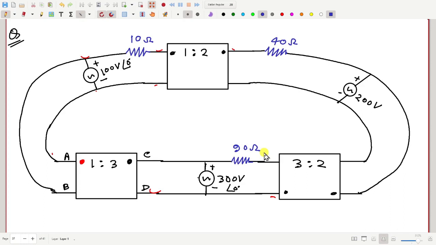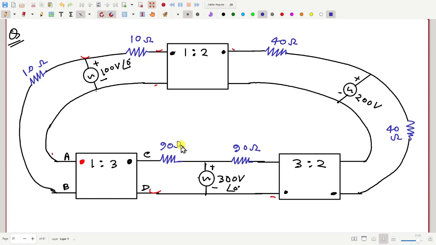I may put more resistances, maybe here one more 10, let's keep it 10 for simplicity. Here one more resistance 40, and here one more 90 ohm. Okay, how to solve this circuit?